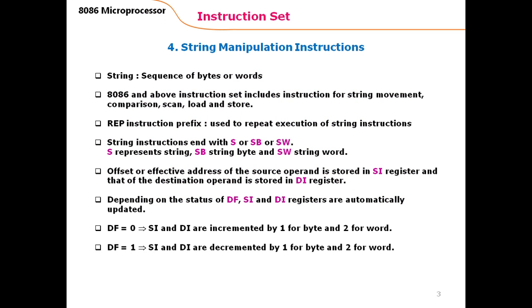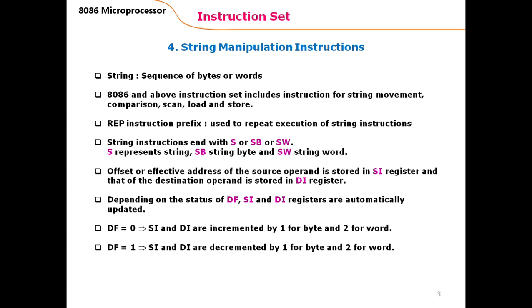String manipulation instructions, as the name specifies, are responsible for manipulating string data. A string is basically a sequence of bytes or words, or it can be a sequence of double words or quad words in 80386 and later microprocessors.